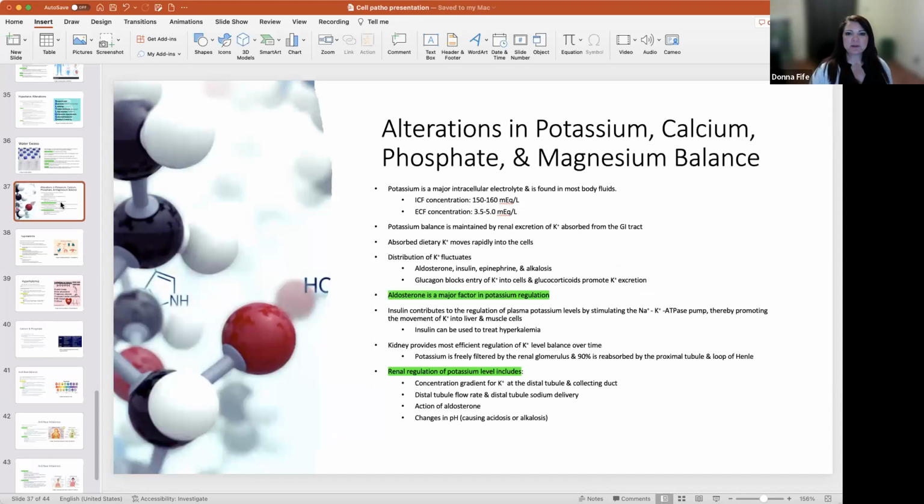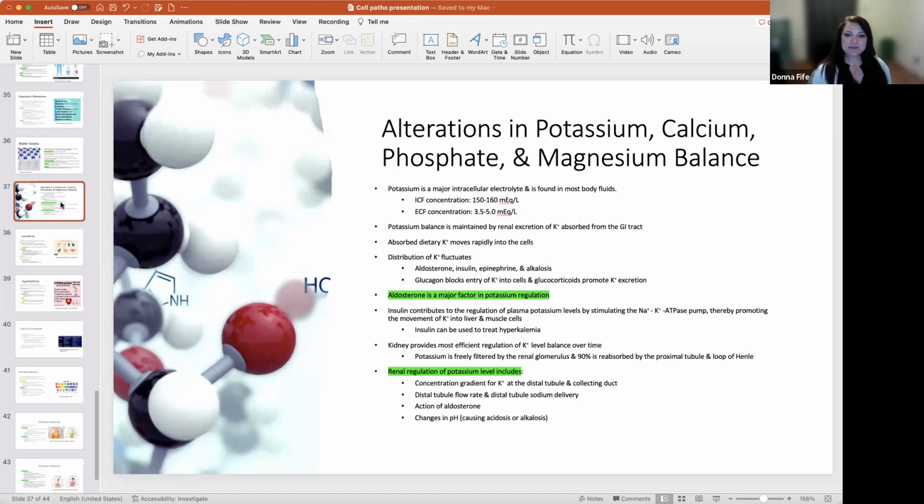Alterations in potassium, calcium, phosphate, and magnesium balance. Potassium is a major intracellular electrolyte and is found in most body fluids. The ICF concentration is 150 to 160, and the ECF concentration is 3.5 to 5. Potassium balance is maintained by renal excretion of potassium absorbed from the GI tract.